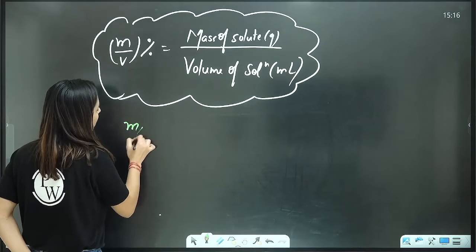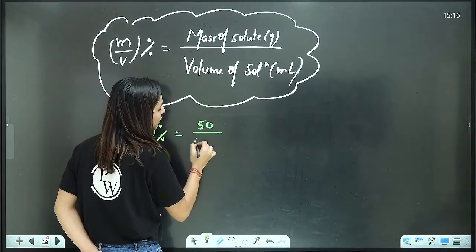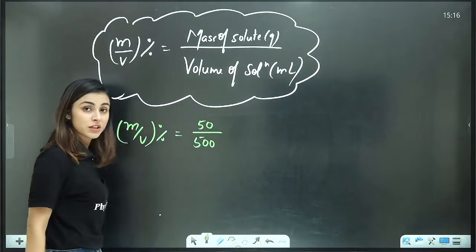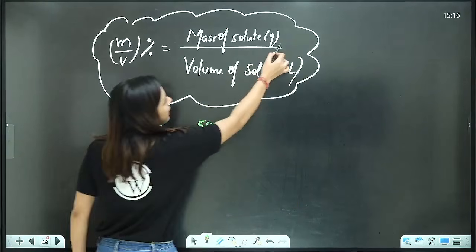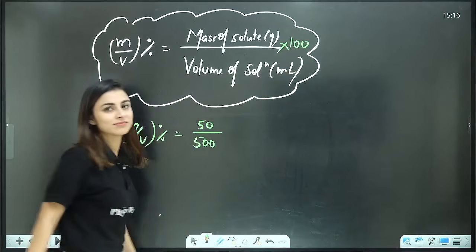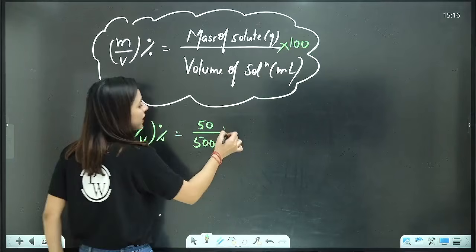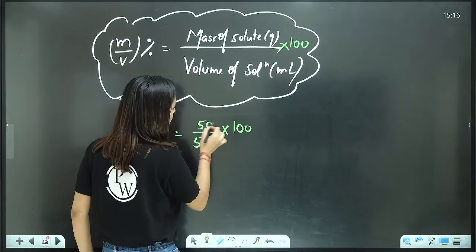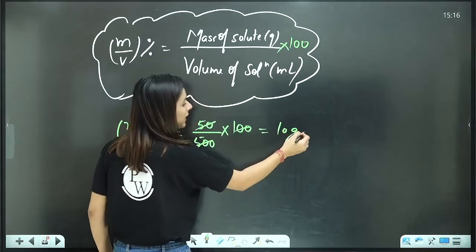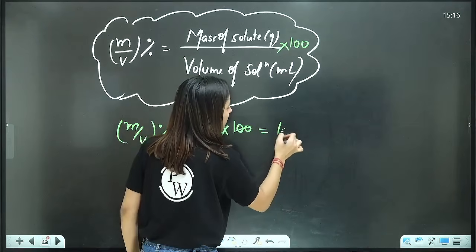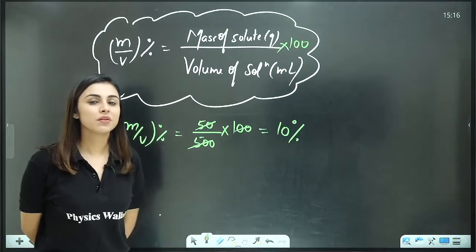We are calculating percentage, so we have to multiply by 100. So here it will be into 100. Again, my dear students, this would be 10 grams, 10%. Perfect. So this is how you calculate mass by volume percentage.